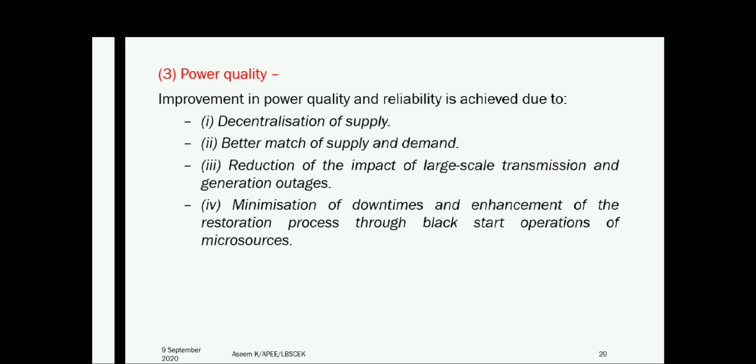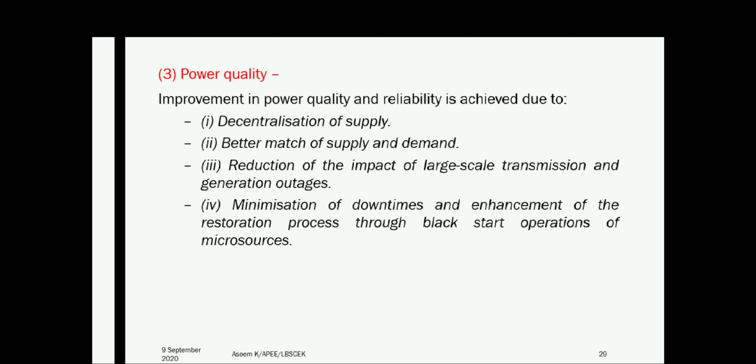The distributed energy resources or microgrid are distributed or decentralized, so you can improve the reliability in such a way that if a fault occurs in your main conventional power system, you can disconnect the particular area that is connected with the priority load, and you can ensure reliable power supply. That is one of the advantages.